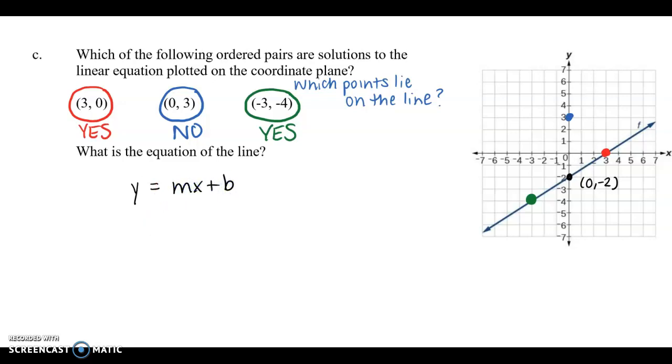Then I'm going to count my slope, which is up 2 and right 3, because slope is rise over run. I went up 2 and right 3. That gives me a slope of 2/3. So when I write my equation, this is y equals 2/3 x minus 2.